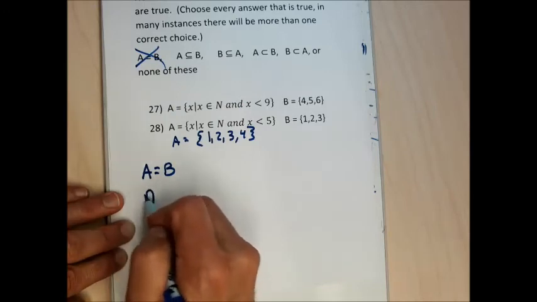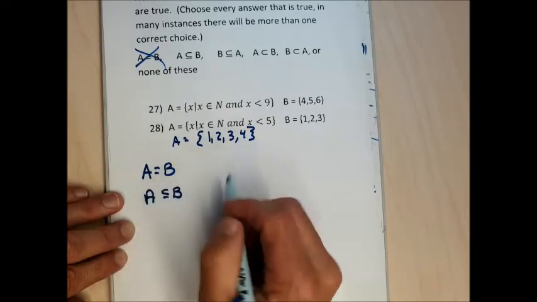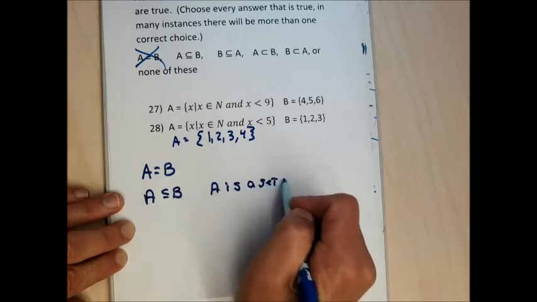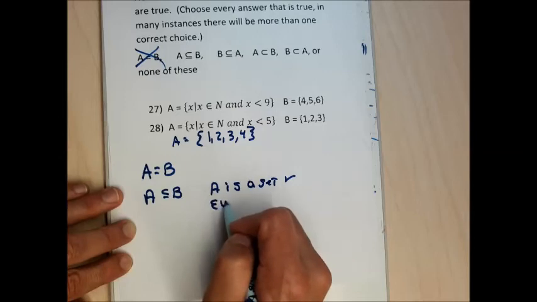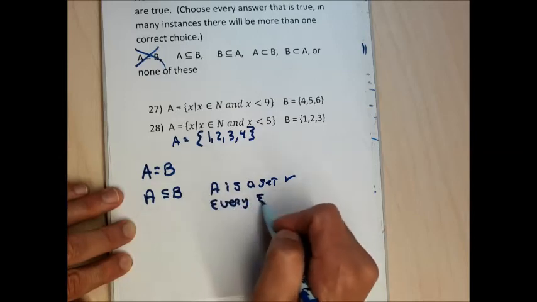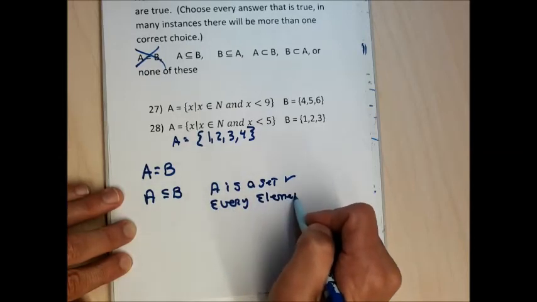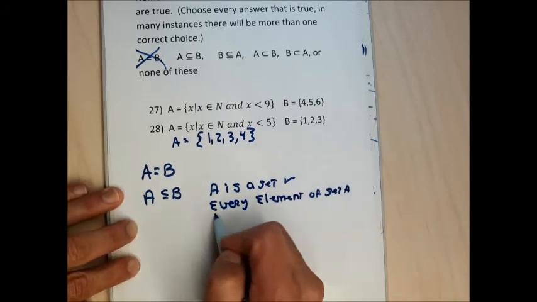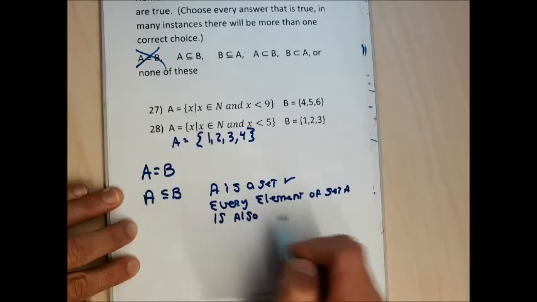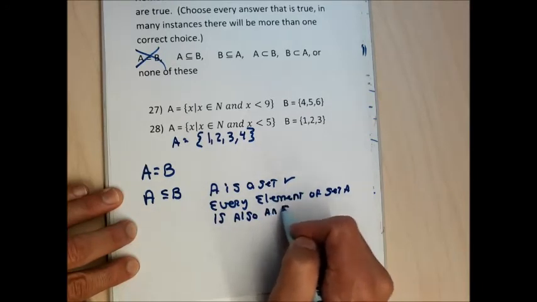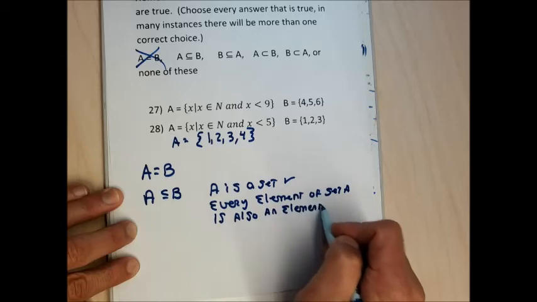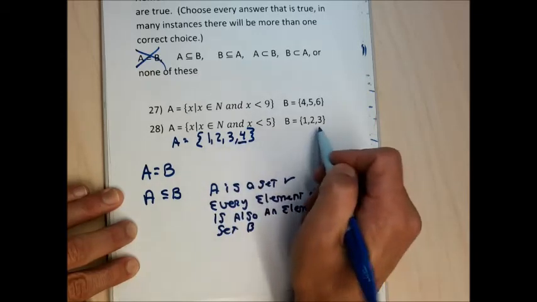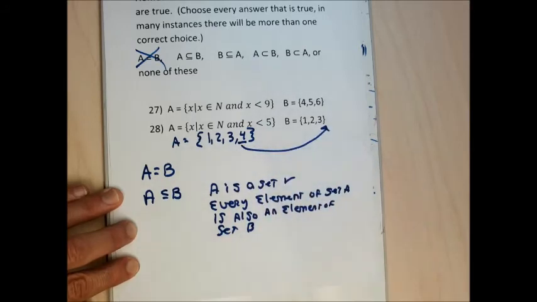Now, is A a subset of B? Well, A is a set. That's satisfied. The second rule is every element of set A is also an element of set B, and that rule is going to be violated because A has a 4 in it that B doesn't.